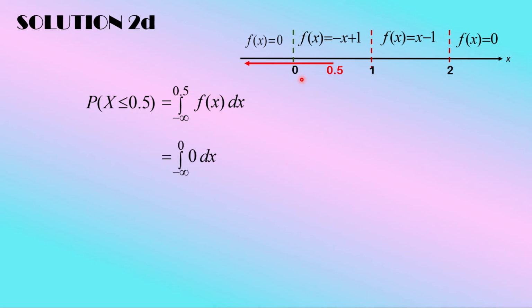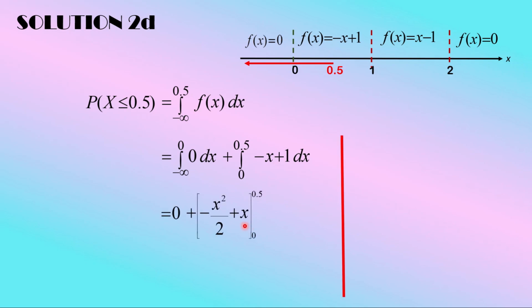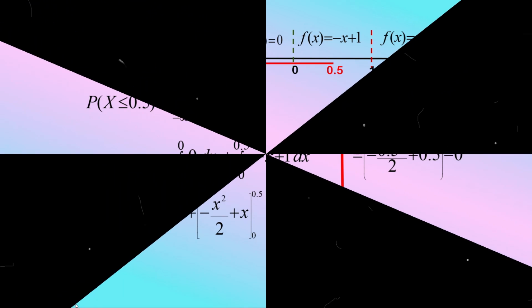From the left of the number line, integrate from negative infinity to 0 the function 0, plus the integration from 0 to 0.5 of the function negative x plus 1. This is the result after integrating. Substitute the limit and simplify to get the probability, which is 3 over 8.